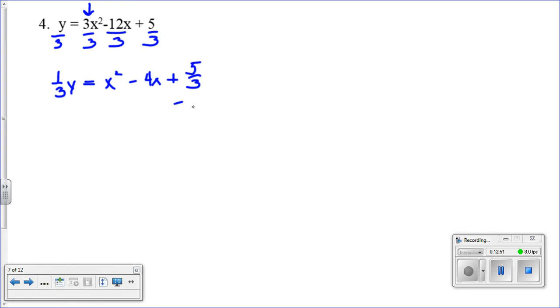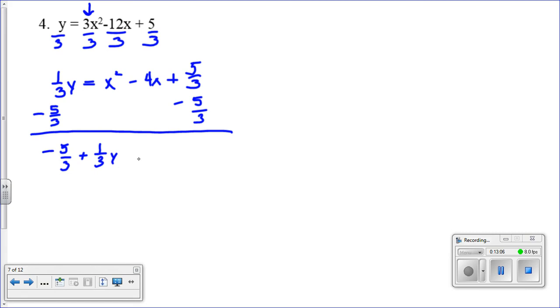Okay, I'm going to move the 5/3 over, and don't be tempted to change it to a decimal. Just leave it as a fraction. It typically works out just fine in the end. So we have negative 5/3 plus 1/3 y is equal to x squared minus 4x.